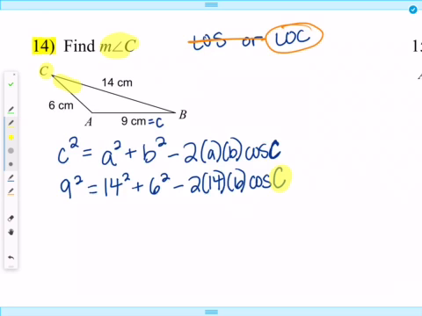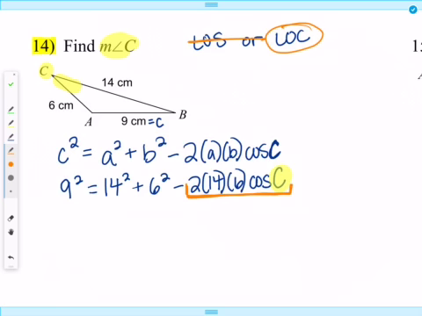So remember, anytime you're trying to solve for this angle over here, we have to be really careful what we type in the calculator. Some people want to type all of this right here into the calculator at the same time. But remember, we can't do that because the 2 times 14 times 6, that's all attached to that cosine of C. So we've got to leave that together.